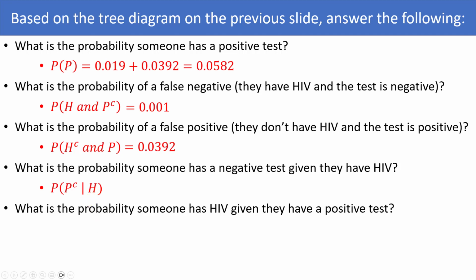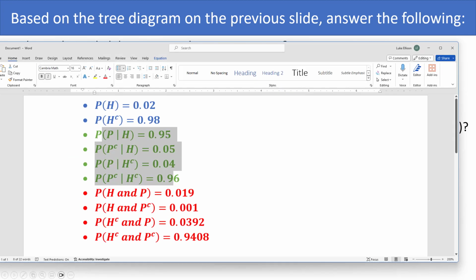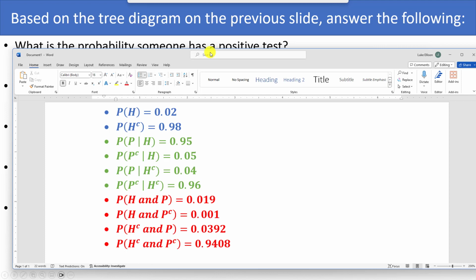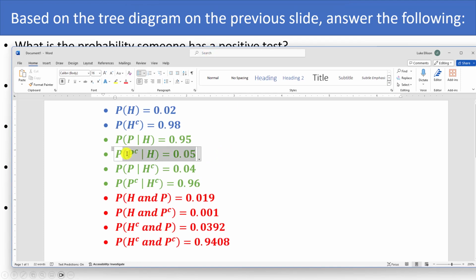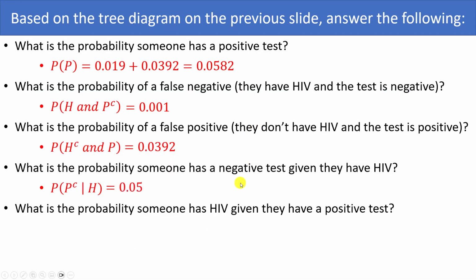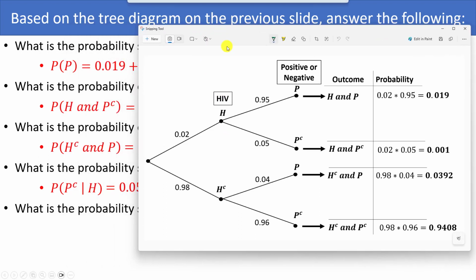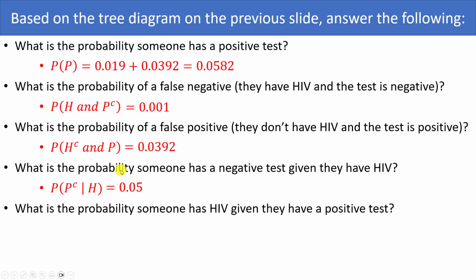So is this one of the ones that was given on the tree? Well, this is where it's going to be helpful to look at the list of all the probabilities here. They asked for P complement given H. Well, P complement given H is one of the ones that we have here. So our answer is just going to simply be 0.05. Remember back on the tree again, this is asking P complement given H, and it's right here, this probability right here, 0.05.